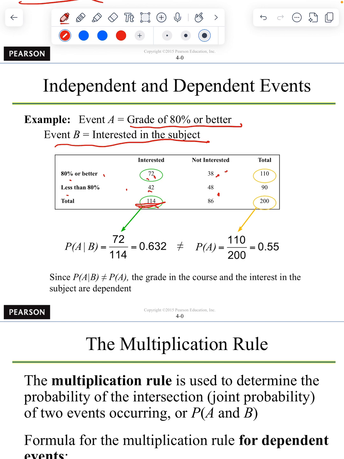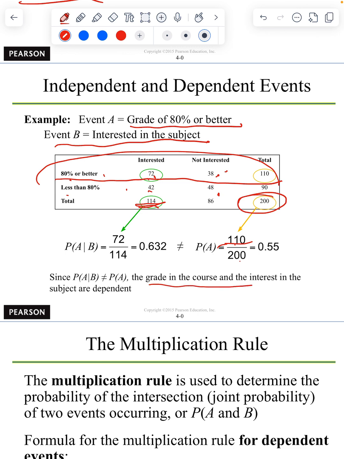So you've got 0.632 that are interested in the subject. Then if you're looking at how many total scored 80% or better, you had 110 who fell in that category over the total of 200. So 110 divided by 200.